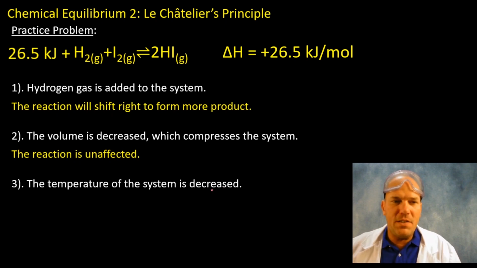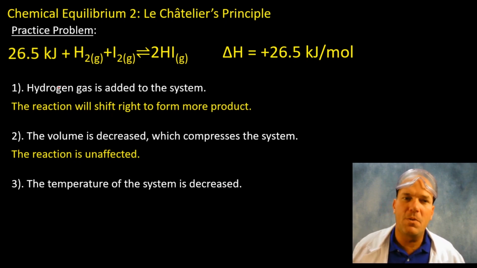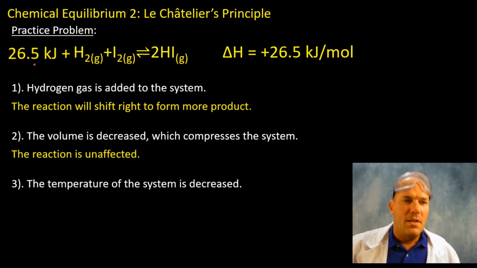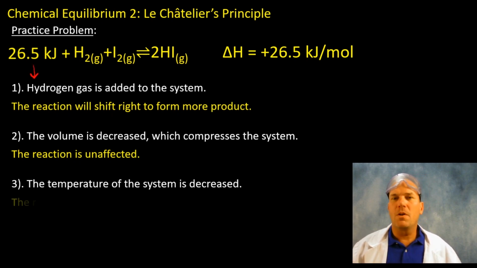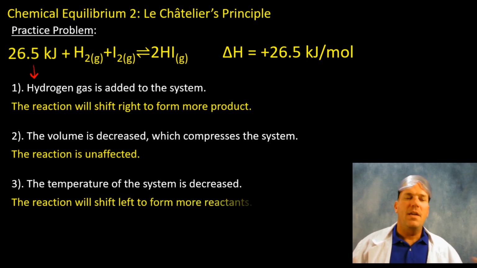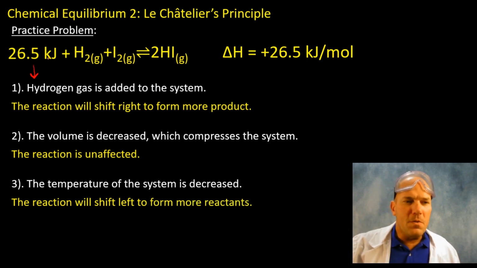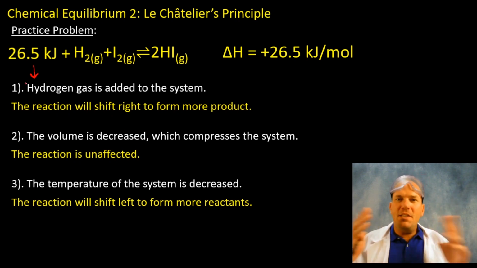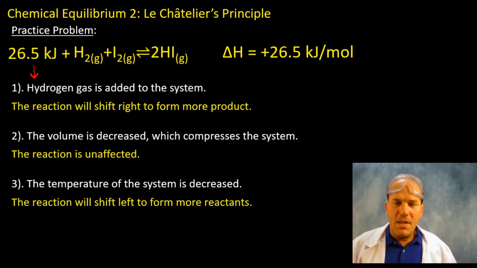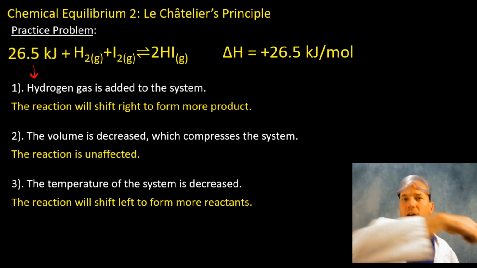Temperature of the system is decreased. What's going to happen if the temperature is decreased? We're going to see a shift, and that shift will be to the left. Think of heat as just any other reactant. If we remove it, the shift is to make more of it.